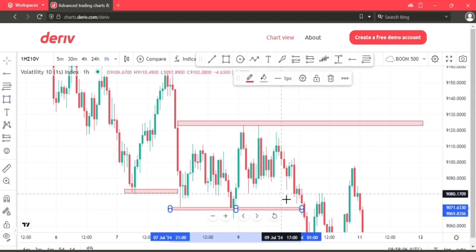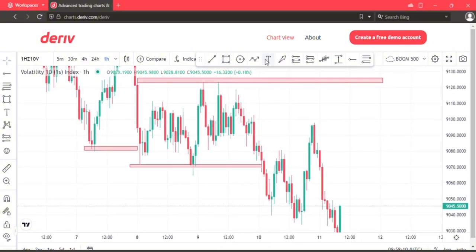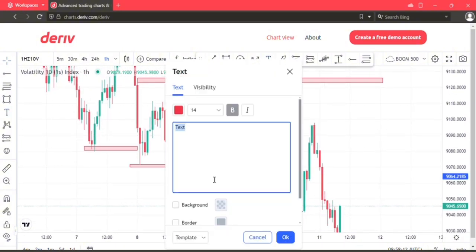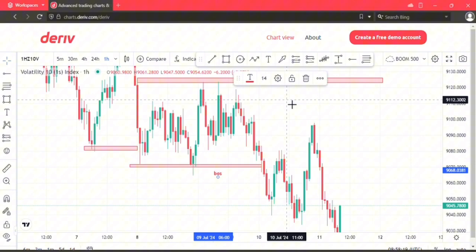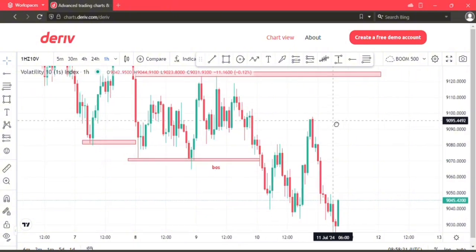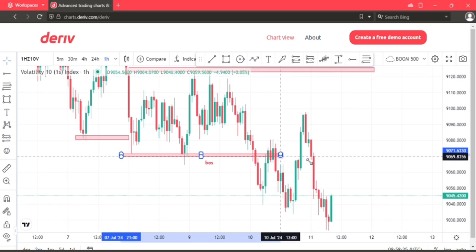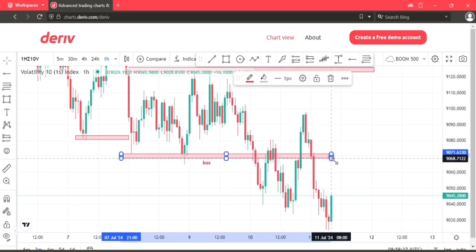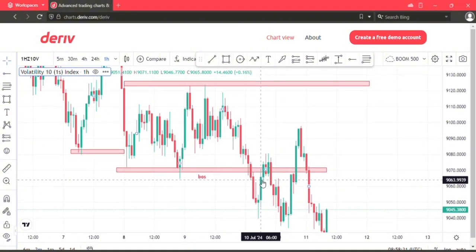After you identify your lower low, this break of structure right here, which creates BOS, you have to wait for the market to reverse back into your break of structure.